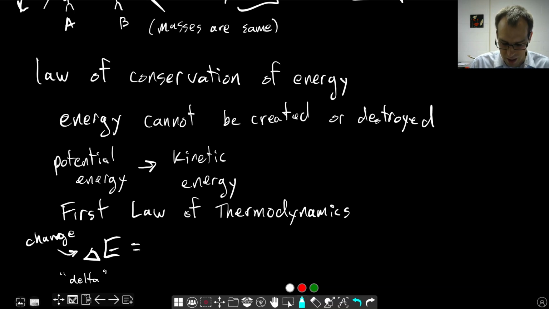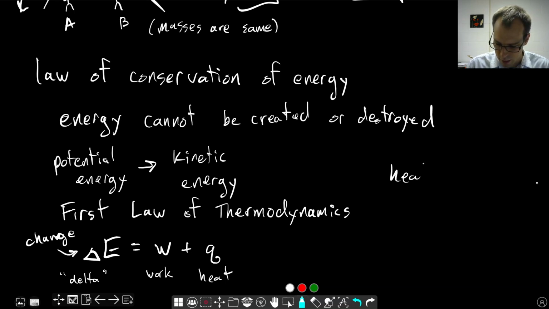Any change in energy is either work, which is pushing an object or moving an object around, or it's heat, which we call Q. Work we've talked about, but we haven't talked about heat yet. Heat is basically a way of talking about thermal energy. Heat is used specifically in science. We don't just talk about things being hot or cold; what we specifically mean is the exchange of energy due to differences in temperature.